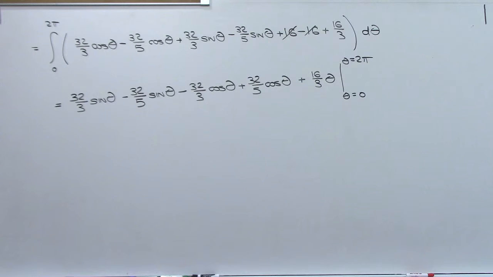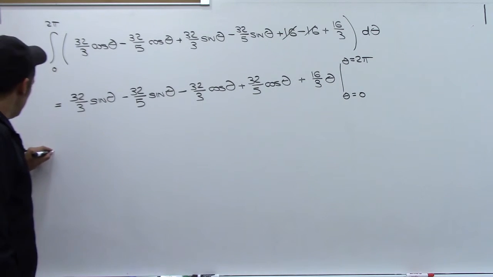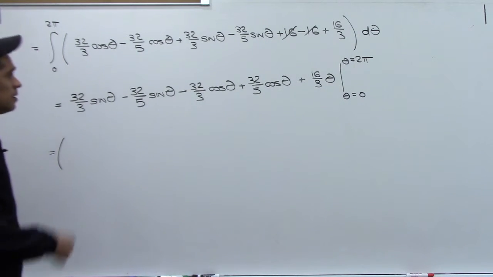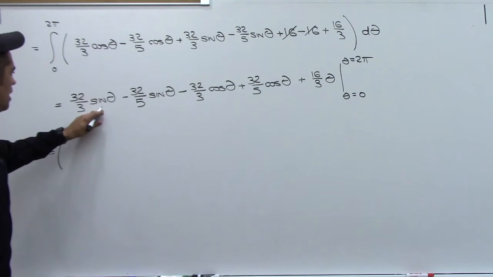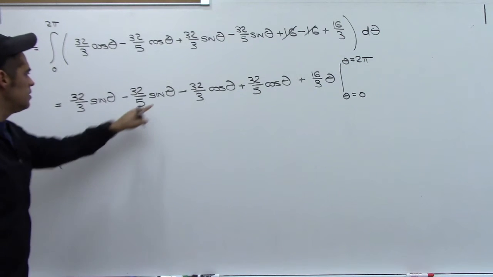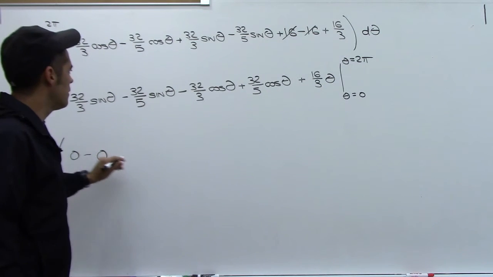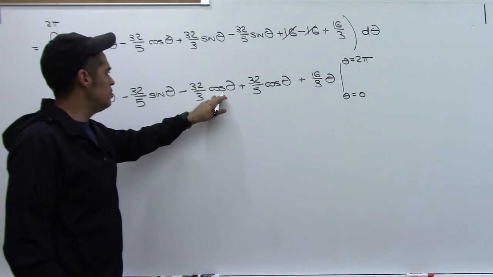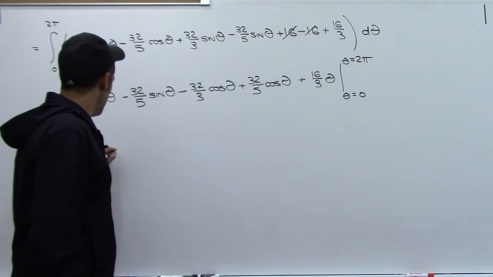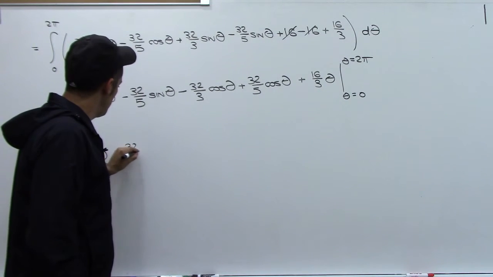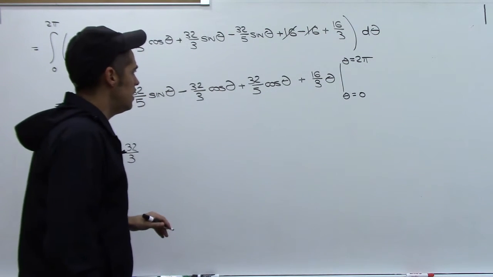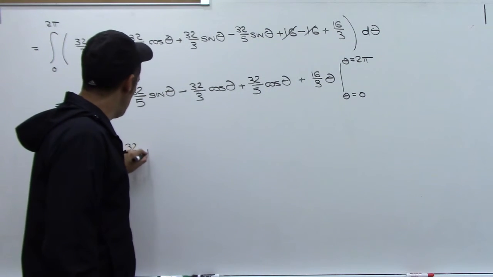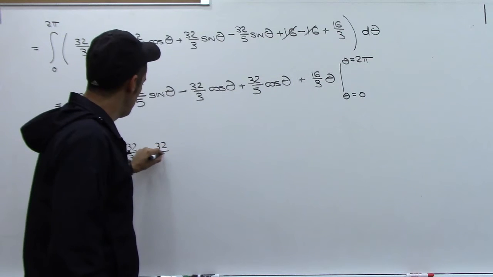All right, let's try plugging in. First, plug in 2 pi. Sine of 2 pi is 0. Sine of 2 pi is 0. Minus cosine of 2 pi is 1. So I get negative 32/3. Again, cosine of 2 pi is 1, so you get plus 32/5.